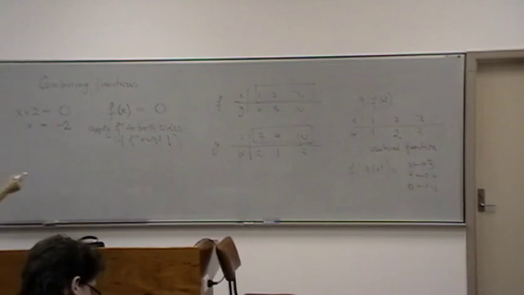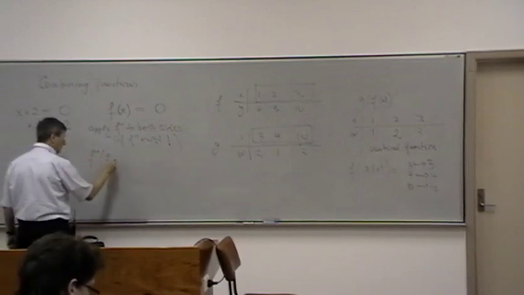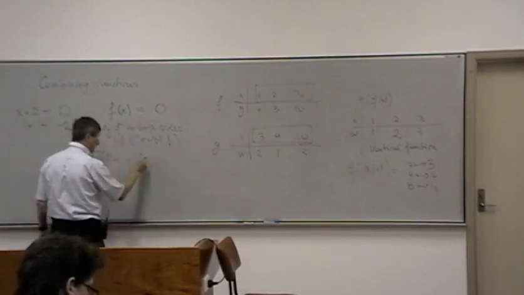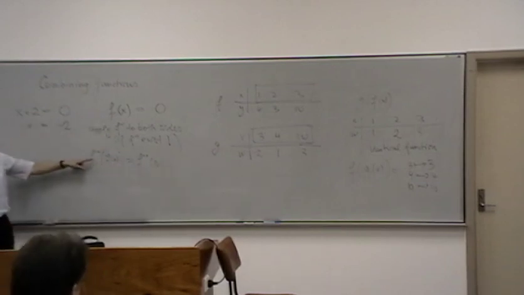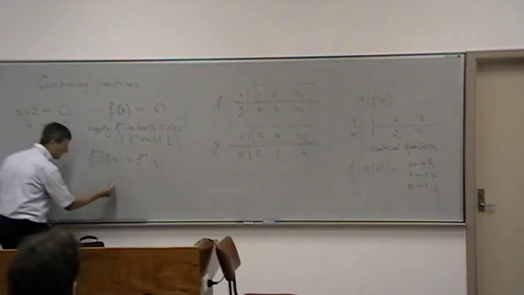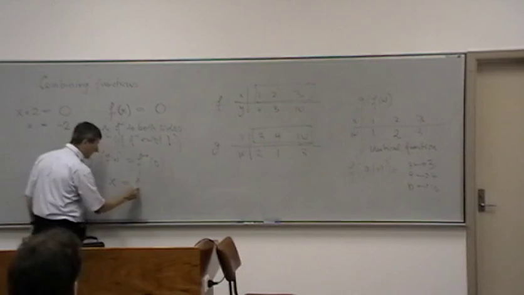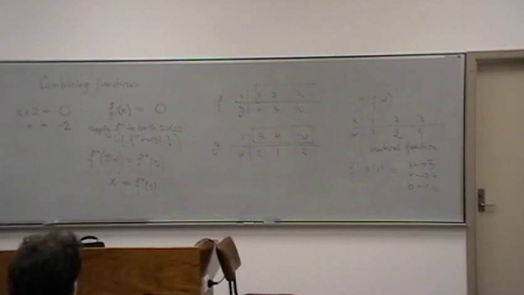So we apply f to the minus 1 to f of x, and we apply also on the other side f to the minus 1 of 0. Here, as I said, applying the inverse to the function, composing them, means undoing what f does. So this leaves us with x on its own, isolated on the left-hand side. And the solution would be the inverse function applied on the particular input 0.